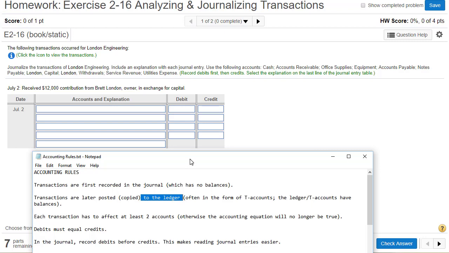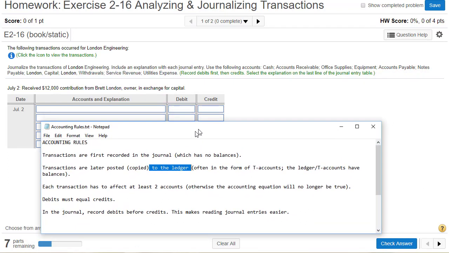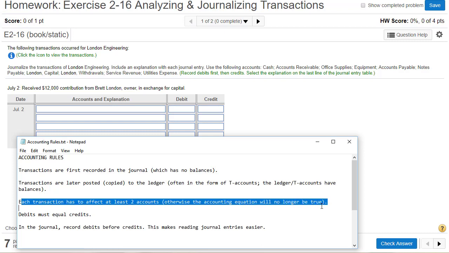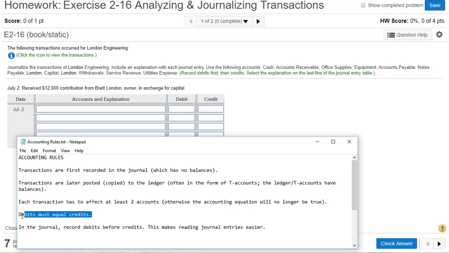Some other really important accounting rules. Each transaction has to affect at least 2 accounts. Otherwise, the accounting equation will no longer be true. In other words, the accounting equation would not balance. So we have to have at least 1 debit and at least 1 credit, which is our next rule. Debits must always equal credits.